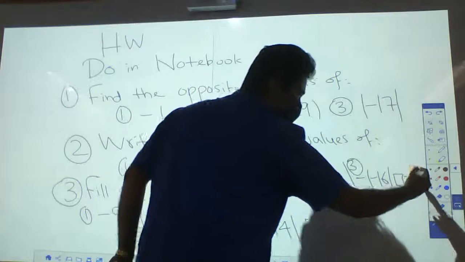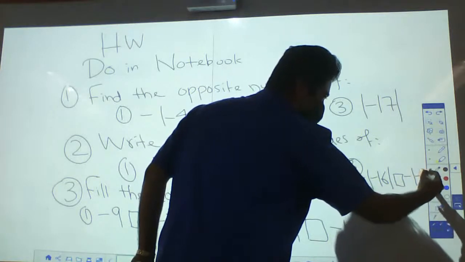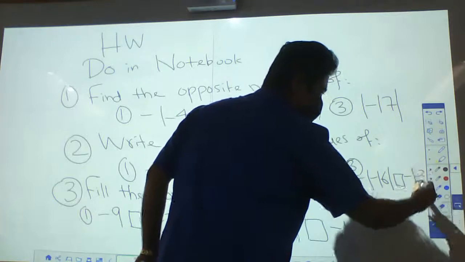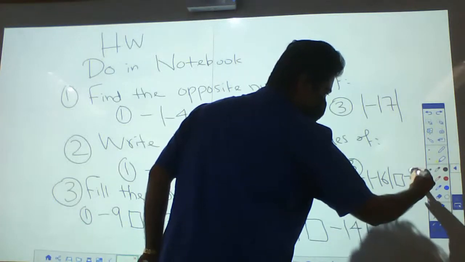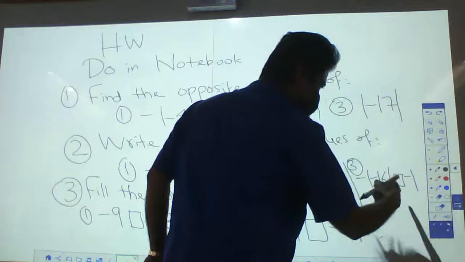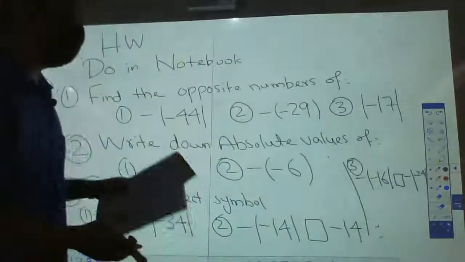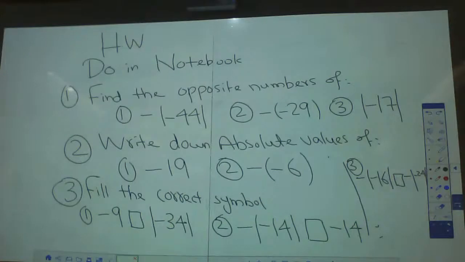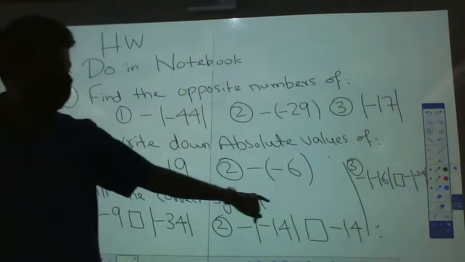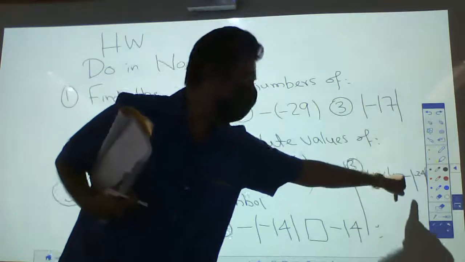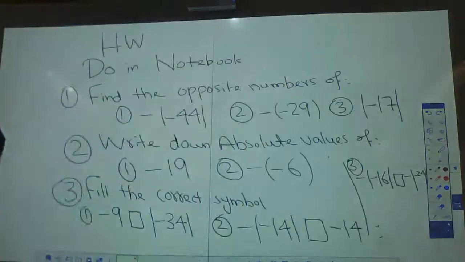Minus 24, right? Sorry. Minus 2 and 4. This is 24. This is question number 3. It is minus in the absolute minus 16, the box, and minus 24, right?